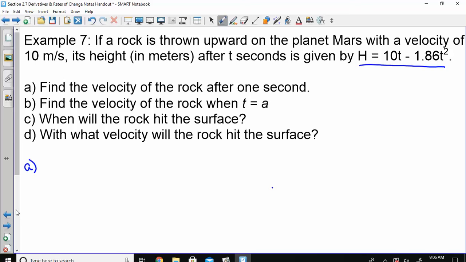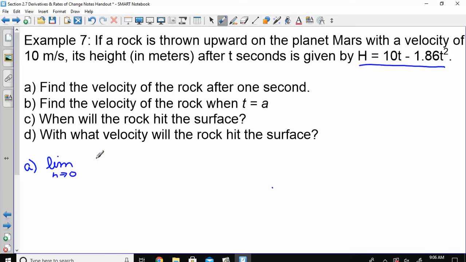Average velocity is just a slope. Instantaneous velocity, or velocity at one particular point, is a derivative, which is what we were doing on Friday. When we did derivatives, we said there were two forms we could use.